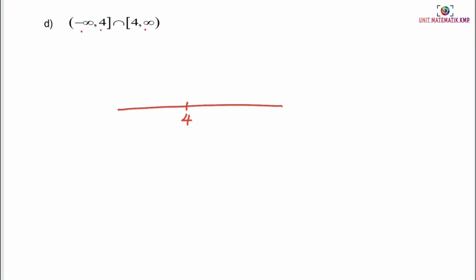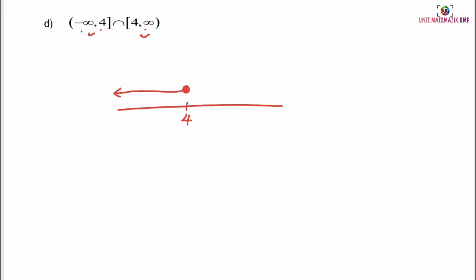After that, represent the first interval on the number line. The first interval is infinite interval negative infinity to 4. So we draw number 4 to the left. At number 4, we draw a dense circle because number 4 is included.